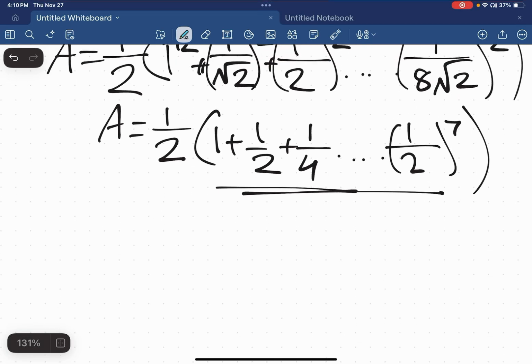So we can use our equation from earlier, the summation of a geometric series, which is going to be equal to 1/2, which is the triangle.